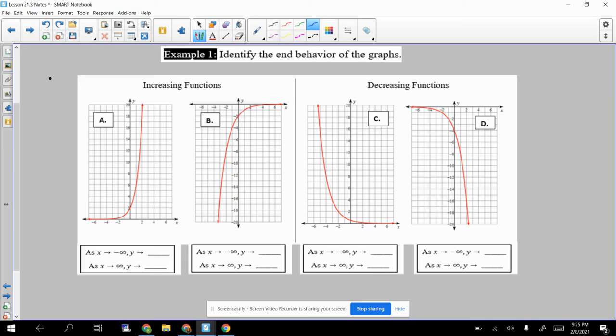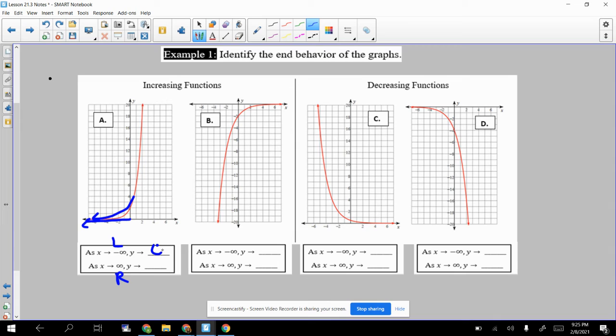Okay, so those last 4 graphs we looked at, we're going to go ahead and identify the end behavior. And remember, as x approaches negative infinity, that's to the left. As x approaches positive infinity, that's to the right. So as we move to the left on our graph, what is this approaching? It is approaching that asymptote at y equals 0.